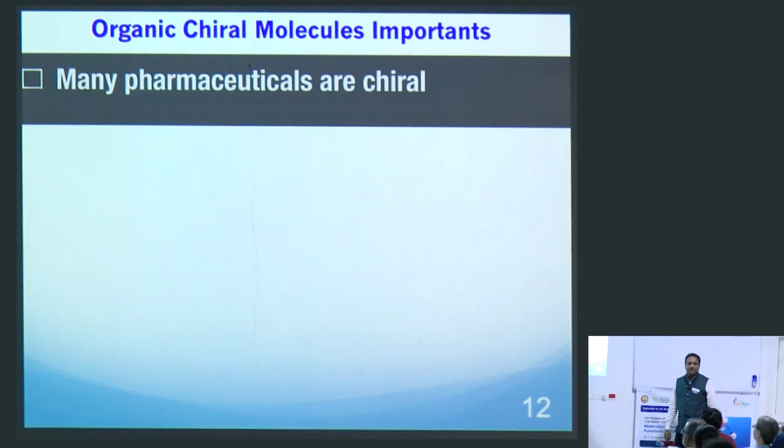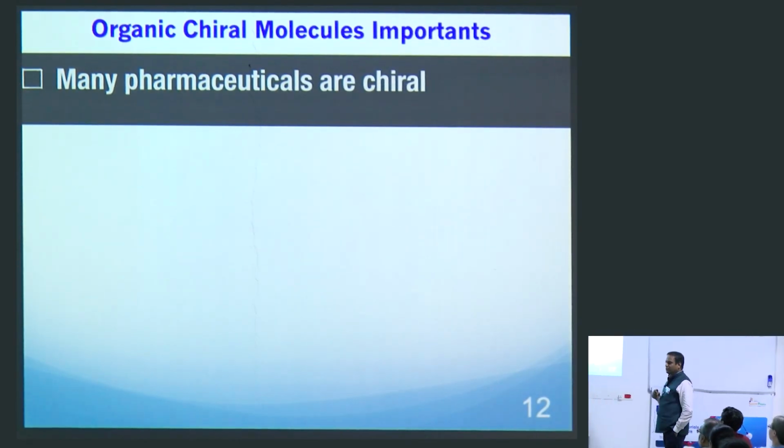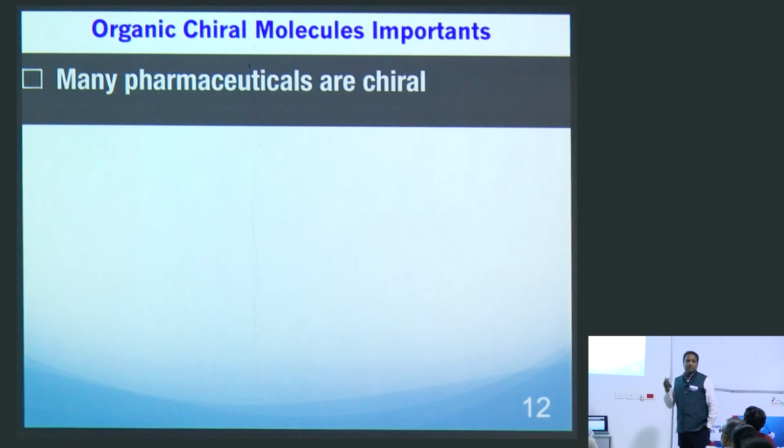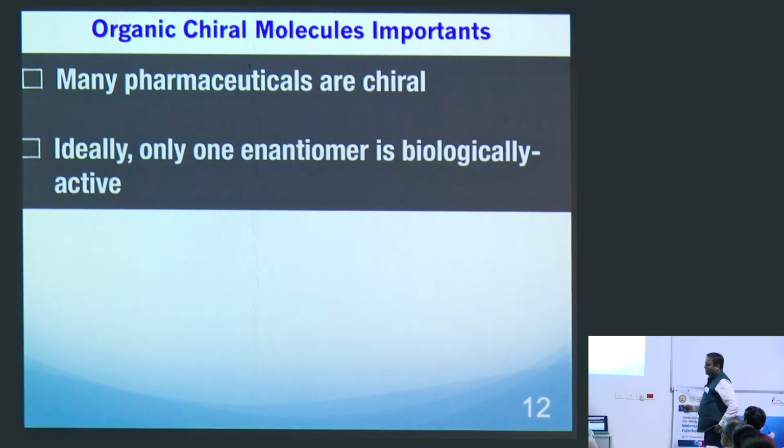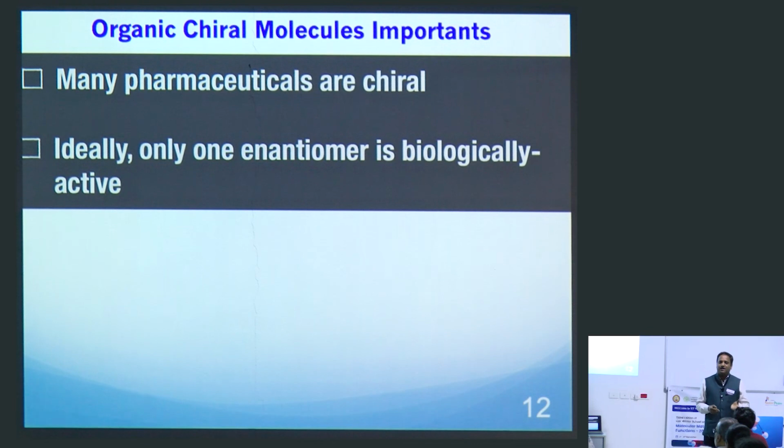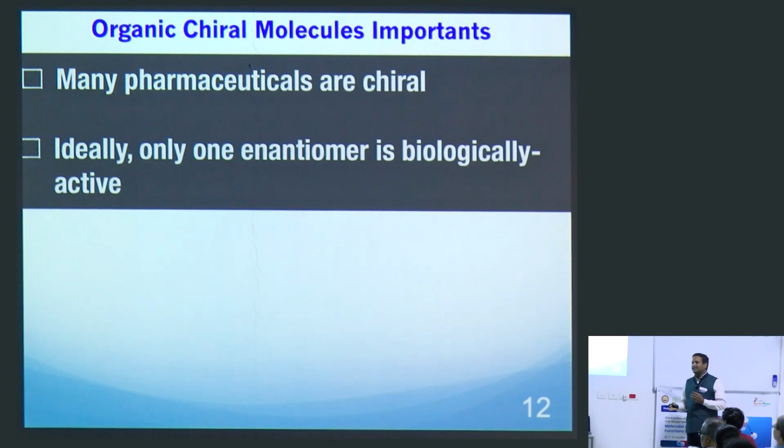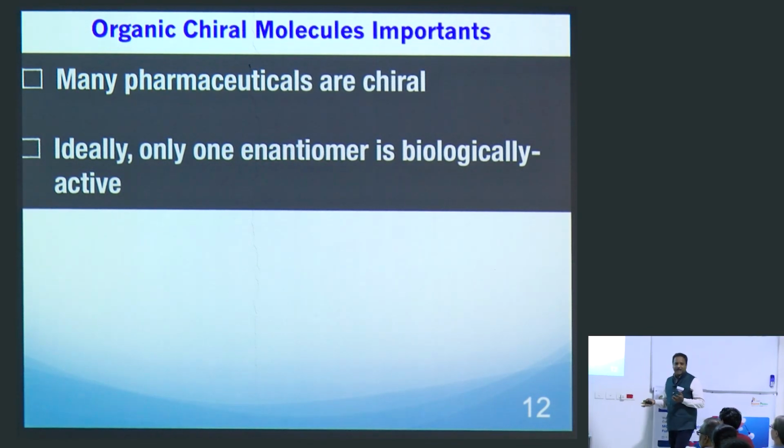It's also challenging. Most pharmaceuticals are chiral molecules. If a molecule is chiral, one isomer will be optically active, which will be useful. The other enantiomer is a problem, which creates side effects, or sometimes it's an inactive form.